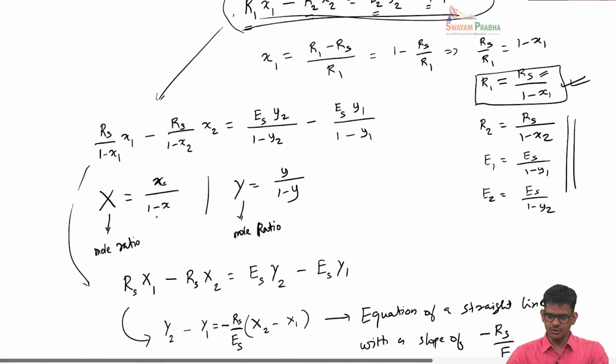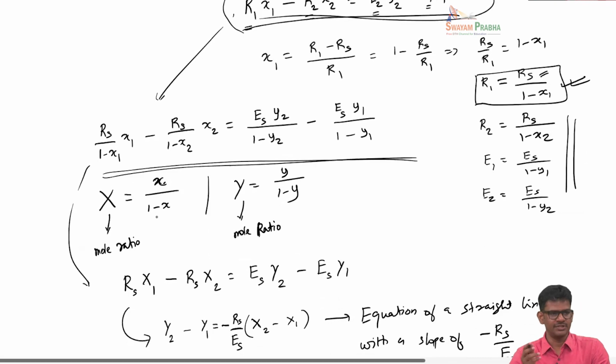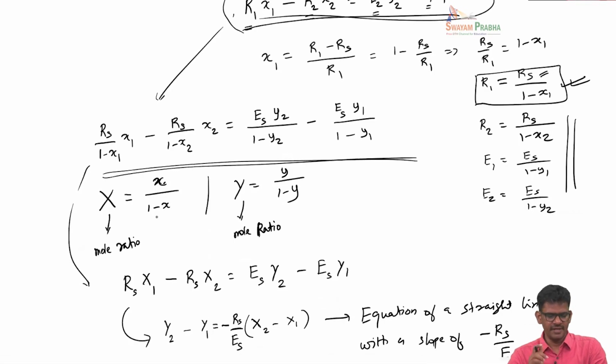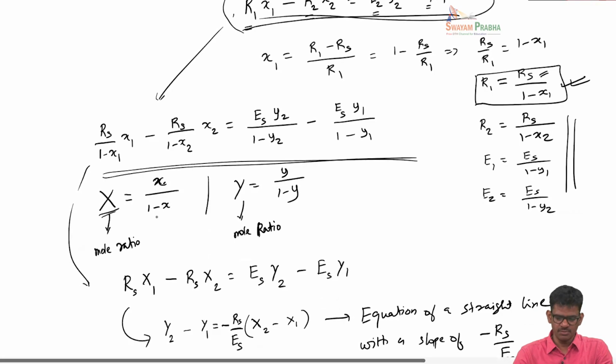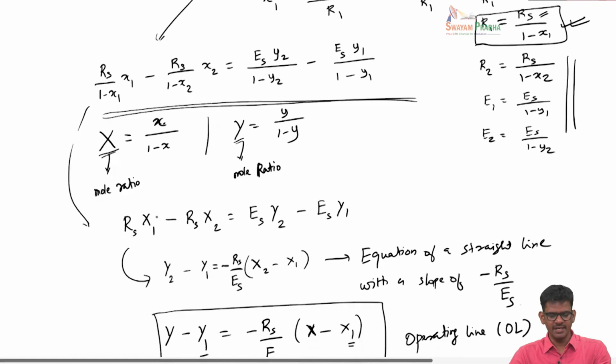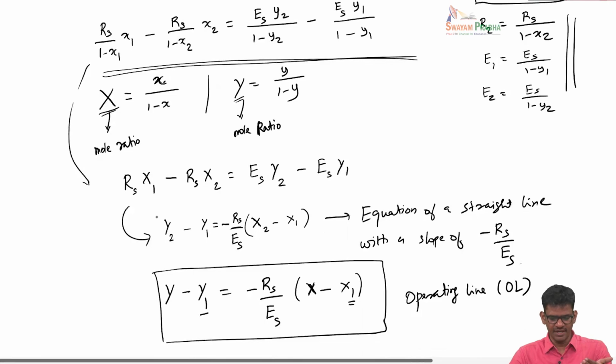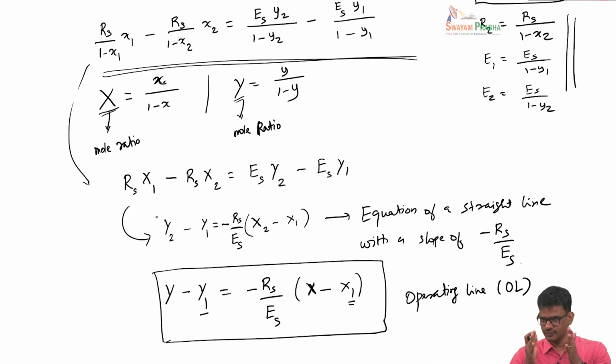Once you substitute that, you get this equation where the compositions are in a particular form, like x by 1 minus x, y by 1 minus y. And then we define a new set of variables, capital X and capital Y, which are mole ratios. When you write the mass balance in terms of mole ratios and rearrange, you get an equation of a straight line representing the change in the composition of the fluids as you go from the entrance to exit. Okay, is it clear?